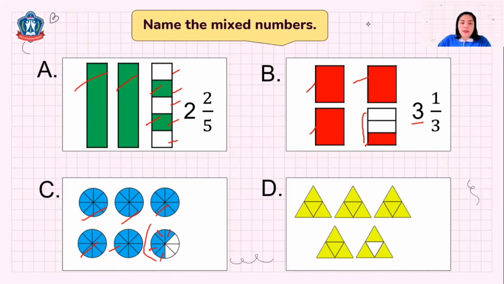So this fraction is 5/8. So our mixed number then is 5 and 5/8. Okay. Now for letter D, children, try to find the mixed number for this. And if you know the answer, you can share it during our Zoom meeting.